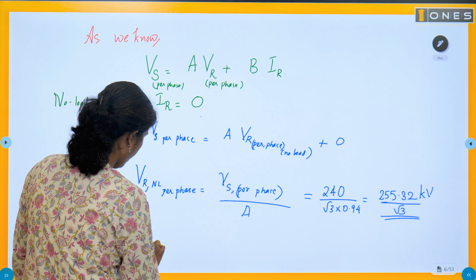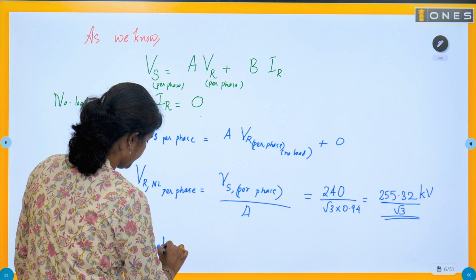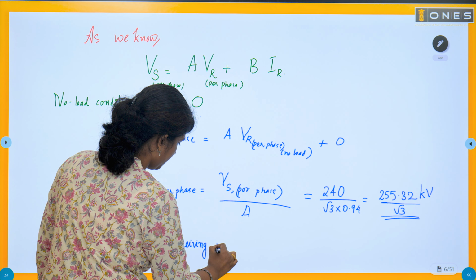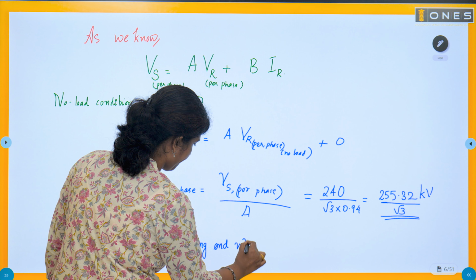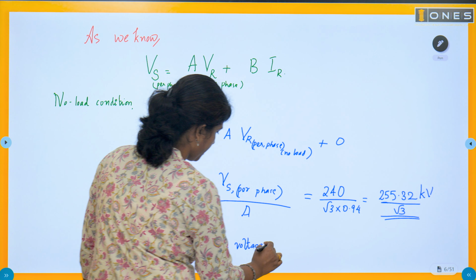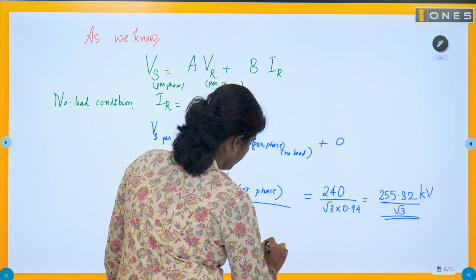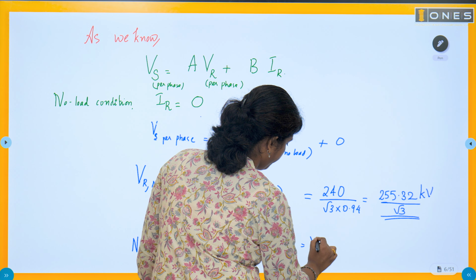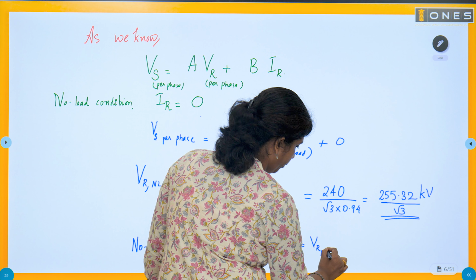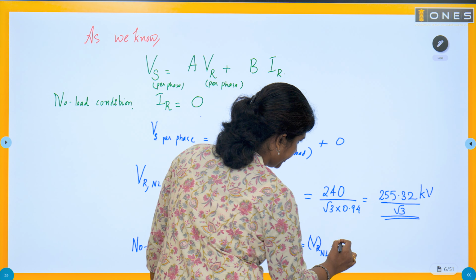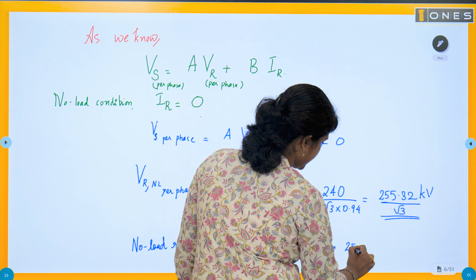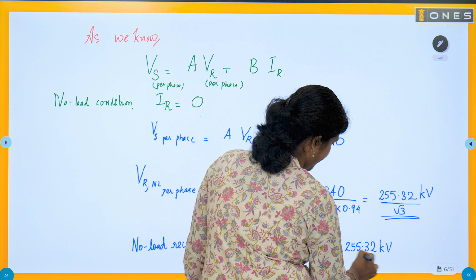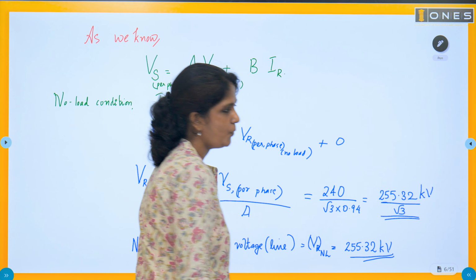That is the no load receiving end voltage, line to line value, VR no load is equal to 255.32 kV. Multiplying by root 3 gives that.